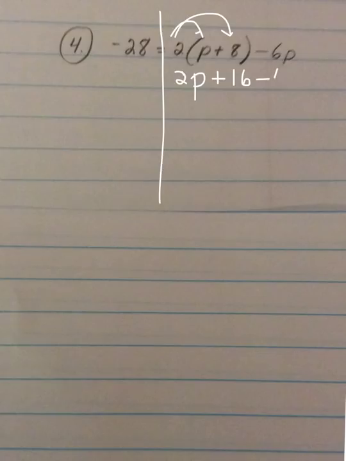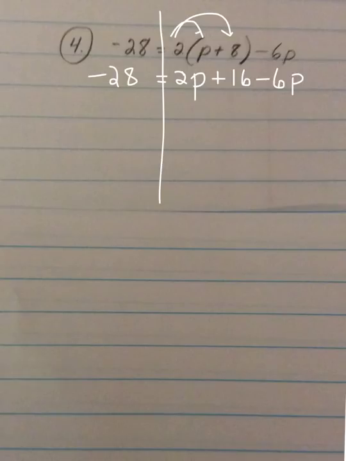Okay, so now I'm looking at number 4. It's an equation. I see parentheses. So that means I can just distribute through those parentheses. Here's my line. All right, so I'm going to start here at the parentheses. 2p plus 16 minus 6p equals negative 28.